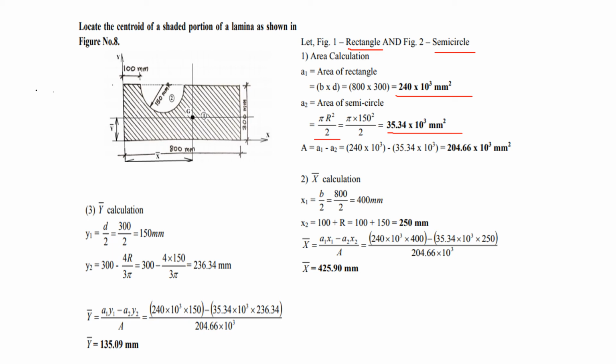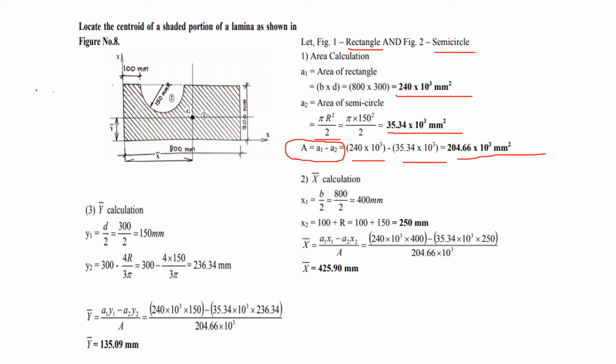Now total area is A1 minus A2. 240 into 10 raised to 3 minus 35.34 into 10 raised to 3. So we got total area as A1 minus A2, that is 204.66 into 10 raised to 3. Now we have done A1, A2 and total area. Now find X bar and Y bar.